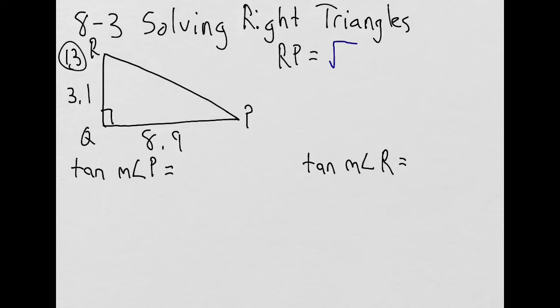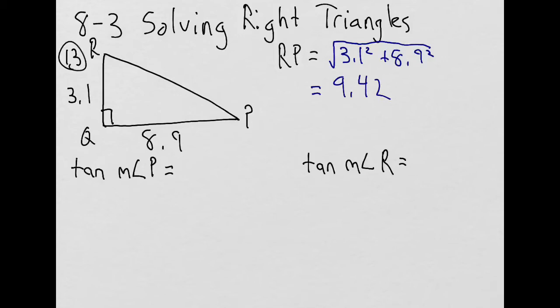Nothing new here. It's going to be the square root of 3.1 squared plus 8.9 squared. You can do the math on that in your calculators, which you should be familiar with at this point, and you should get about 9.42.